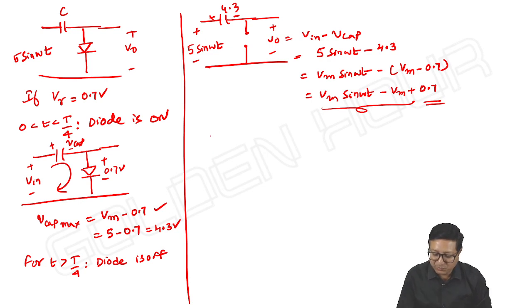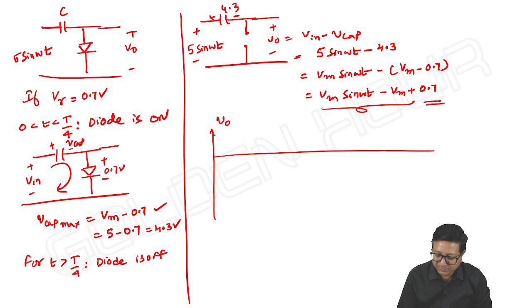Then what about the output waveform? It is shifted by minus Vm plus 0.7.